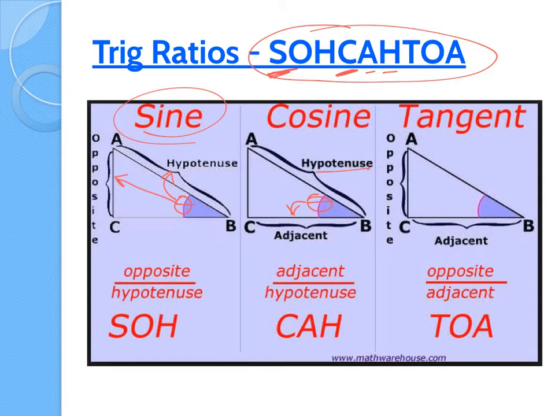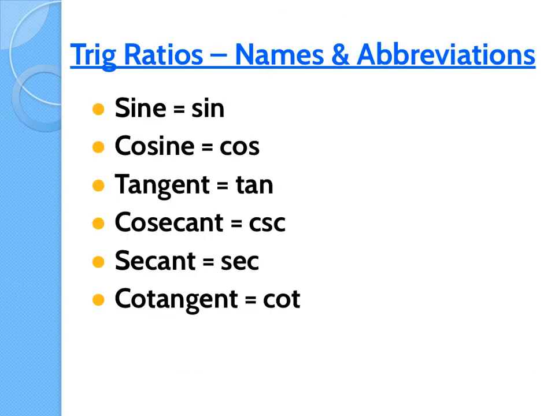So the cosine is the ratio of the adjacent side to the hypotenuse. And then tangent does not involve the hypotenuse. It compares the O and the A. So when you go to angle B and we go opposite to adjacent, that's going to be the tangent. So you can remember SOHCAHTOA to help you remember which way your ratios are arranged.